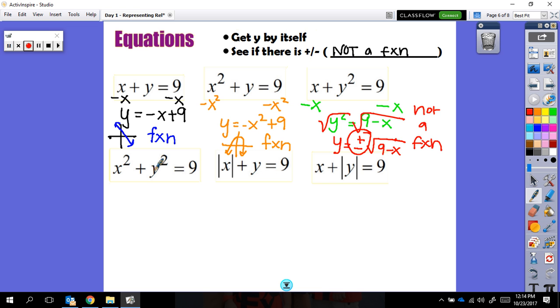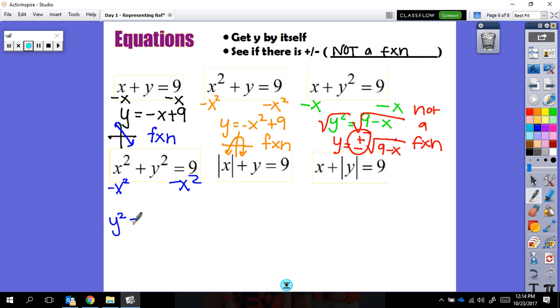All right, I want you to try this one. Alright, so on our last one over here, we should be minusing x squared, minus x squared.